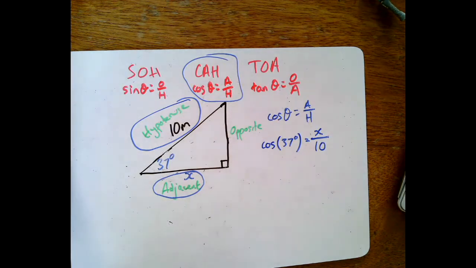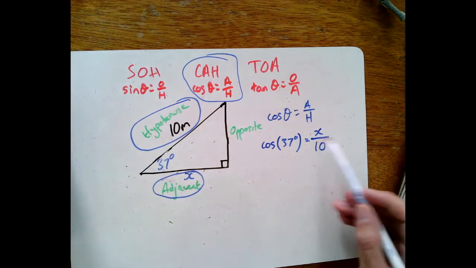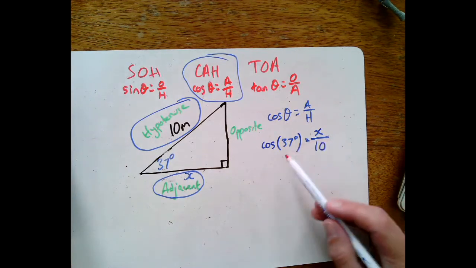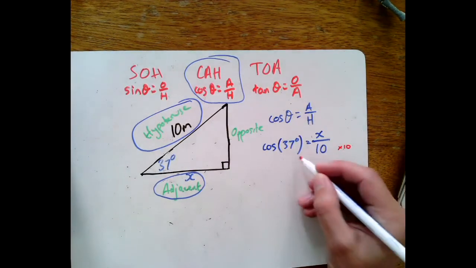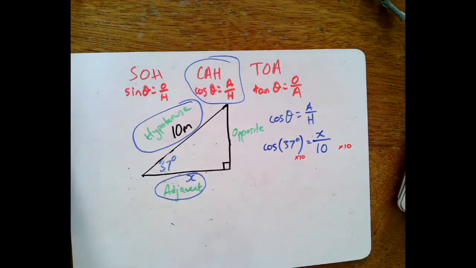Now, from that part, we need to rearrange our formula like we would any other formula to make x the subject, because x equals everything else. Here, this part is dividing by 10. So if I want to move that over to the other side of my equation, the opposite is multiplying by 10.